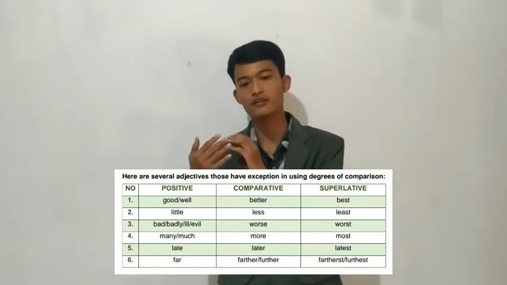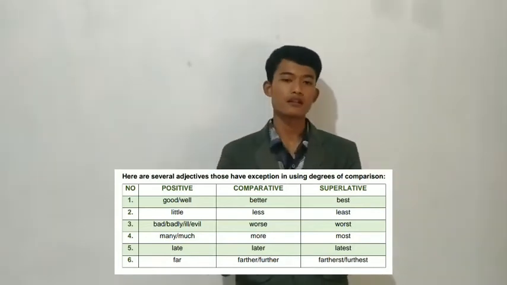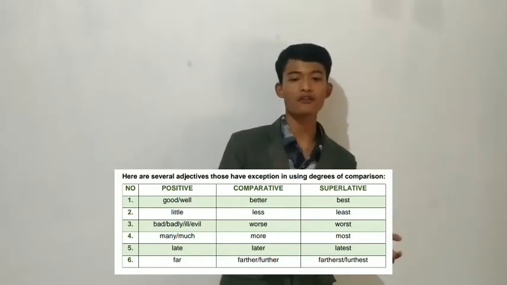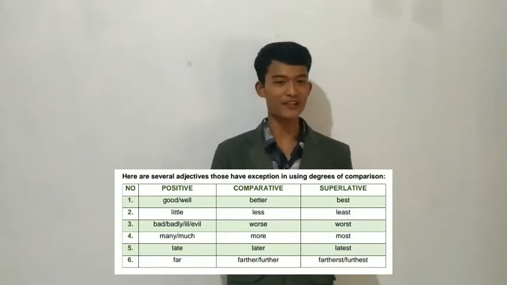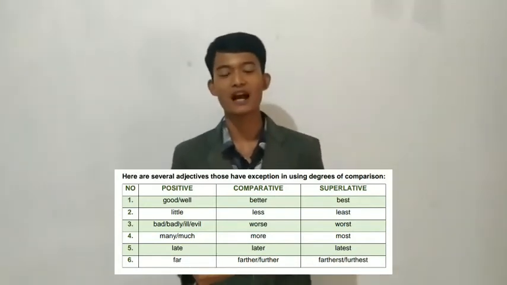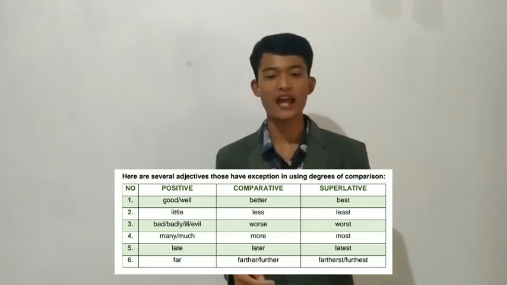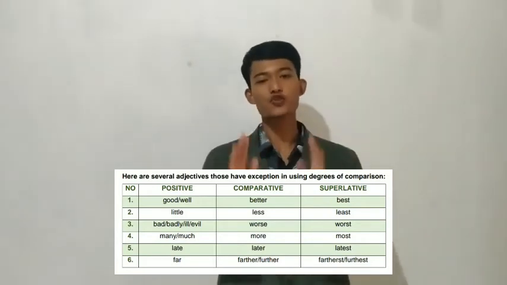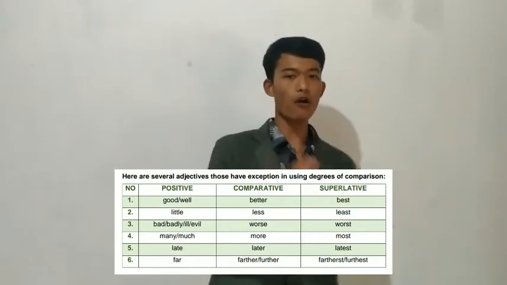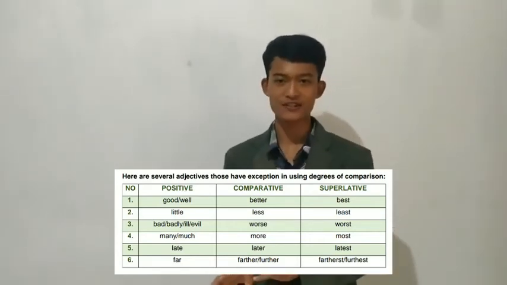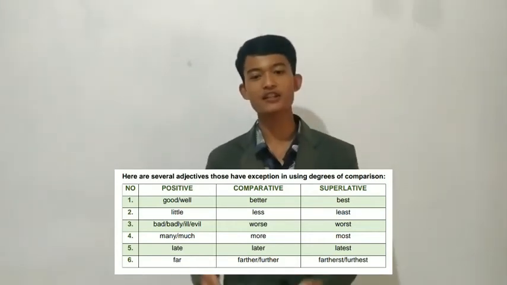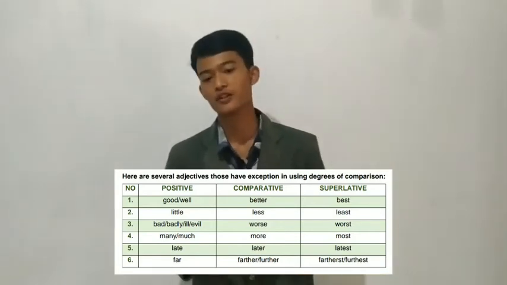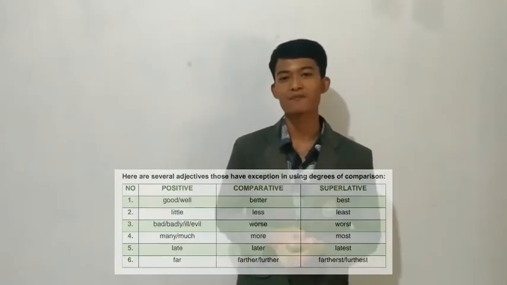The superlative degree, the latest. Finally, far. Far is more unique in here because in the comparative it has farther or further, and then the superlative will be farthest or furthest. Okay. That's the exceptions based on degrees of comparison. Have you understood the material?